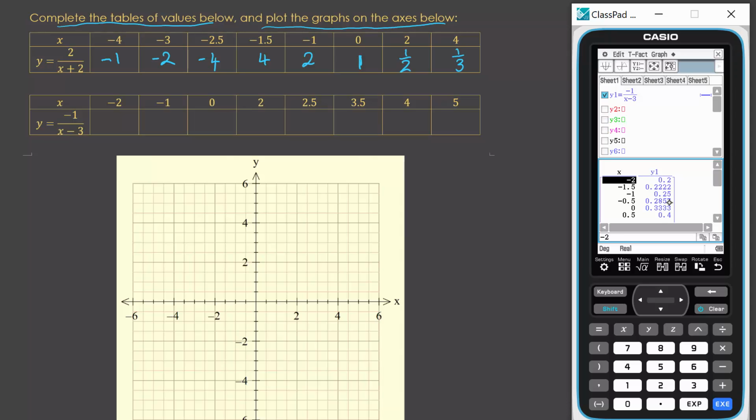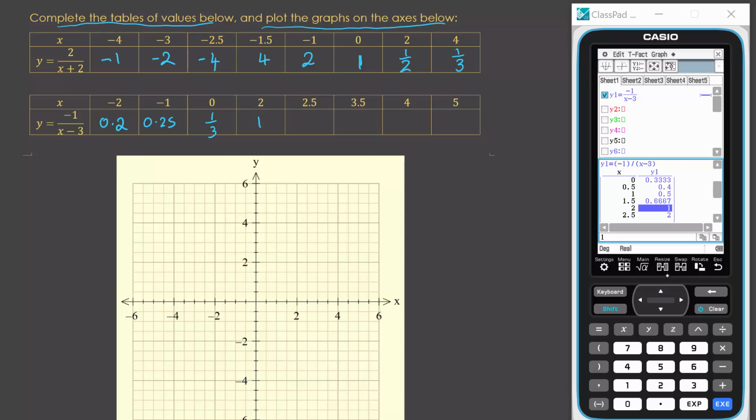And so for -2, I can see that my answer is 0.2. For -1, it's 0.25, which we know is a quarter. At 0, 0.3333, that's going to be 1/3. The next value I want is at 2.